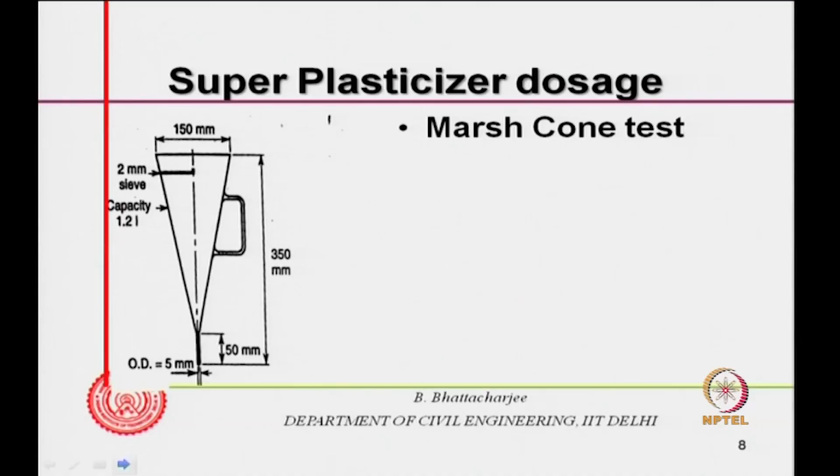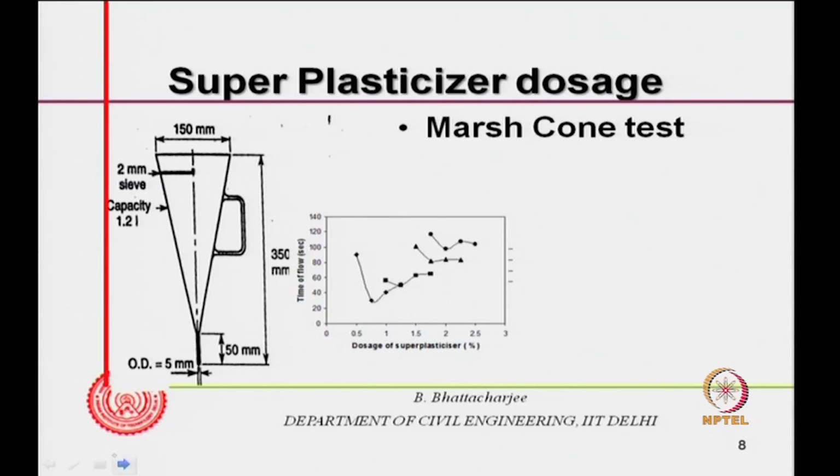So, the Marsh cone looks like this, and you fill this material in a given way, 1.2 liter capacity, dimensions are something of this kind, and then the time required to empty it was found out, or the time of flow for a certain period of time. In this plot, on this axis you can say time of flow for a fixed quantity of the material, or complete emptying becomes difficult.